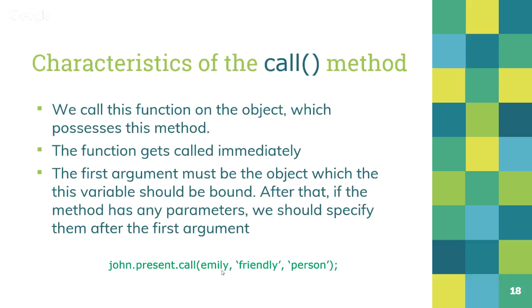So it's a variable that stores an object, the Emily object. Also, here the present method expects two parameters, which we've specified immediately after the Emily object, friendly and person. These are just strings used somewhere inside of the present method. And that's the call method in a nutshell.